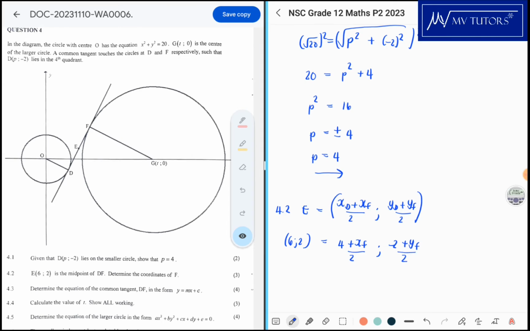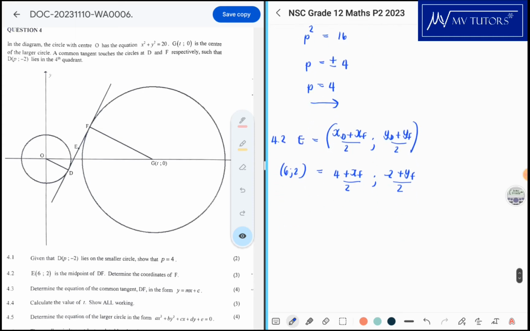All over 2. All right, so now we're going to equate the x's together. We will say 6 is equal to 4 plus the x coordinate of F divided by 2. And also we know that 2 is equal to negative 2 plus yF over 2.